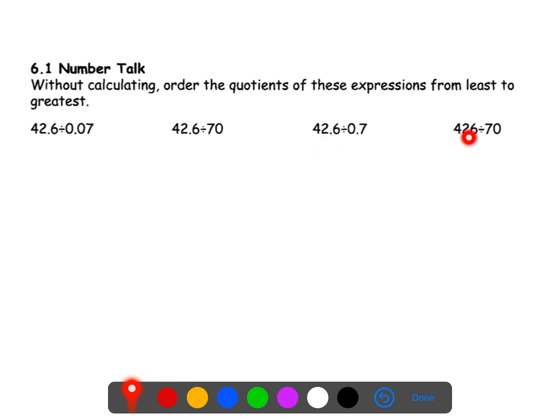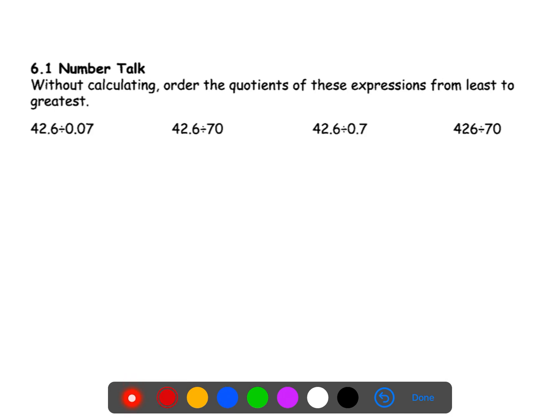That means this number is going to become 1/10 the size. It's going to get a place value smaller. In division, if I change this quantity to 1/10 the size, and I also change the divisor to 1/10 the size, it will be equivalent.